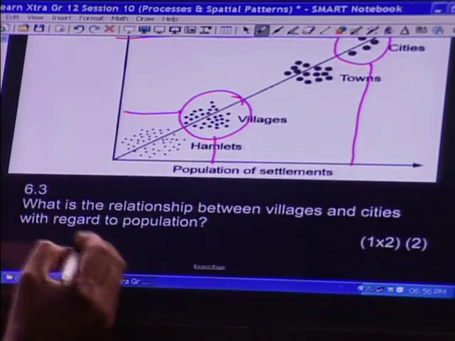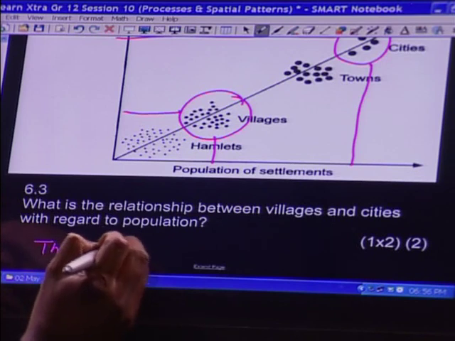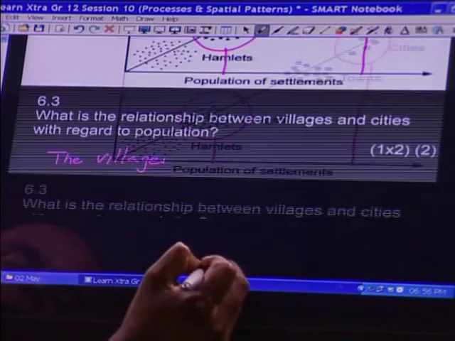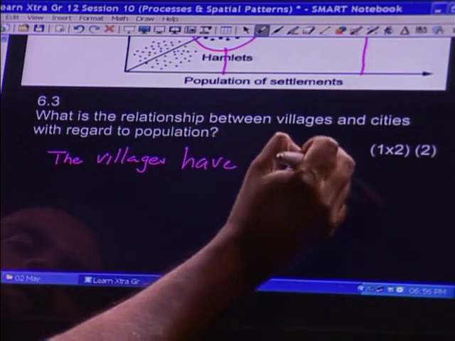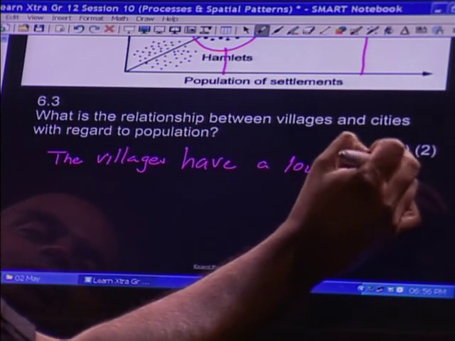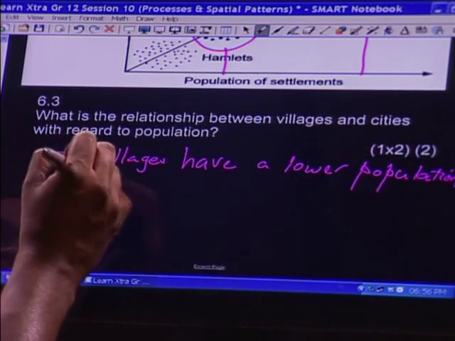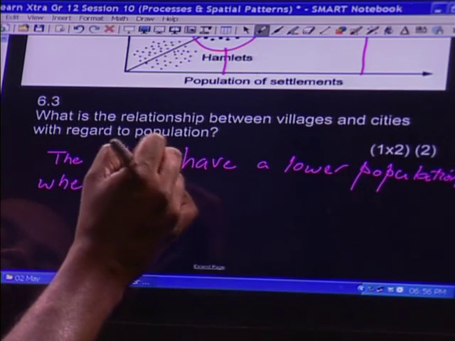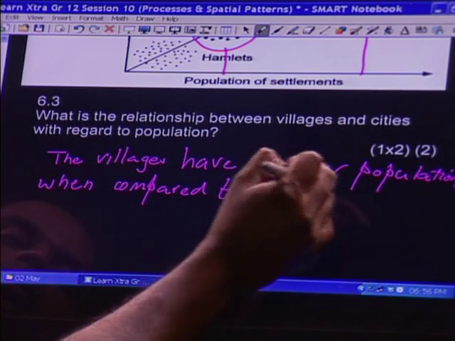The relationship: the villages have a lower population when compared to the cities.